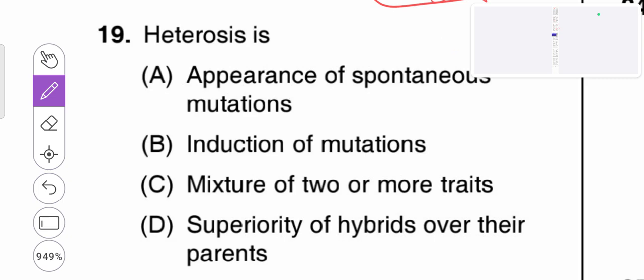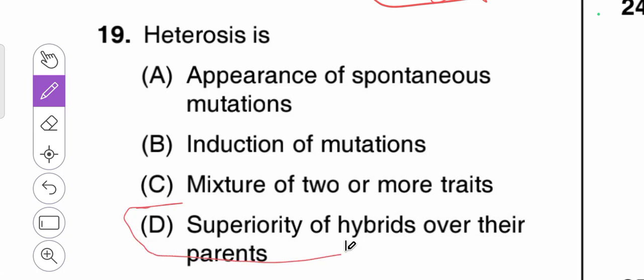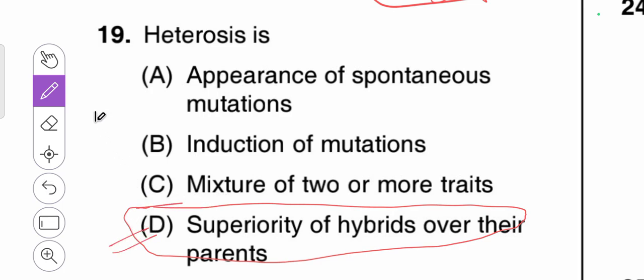Next one, that is heterosis. Heterosis is the superiority of hybrids over their parents.